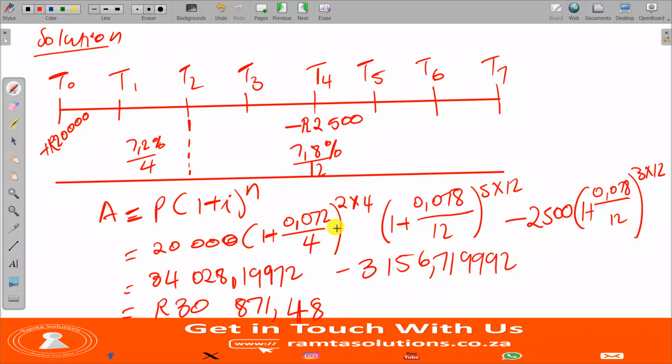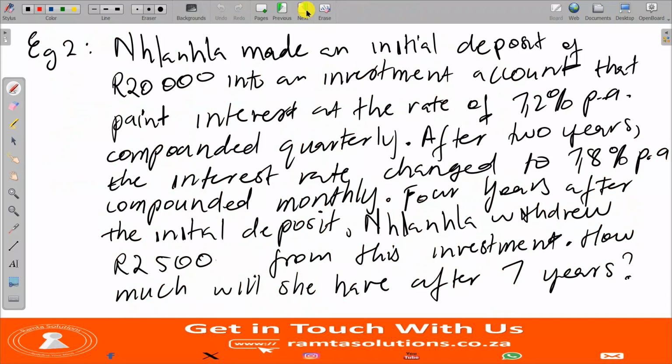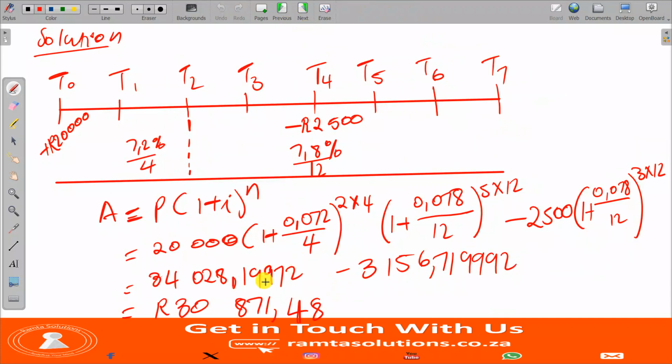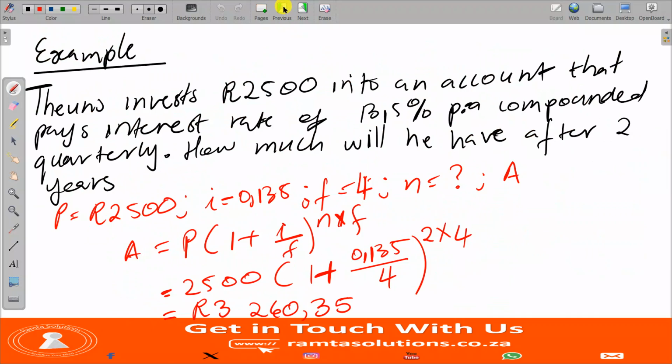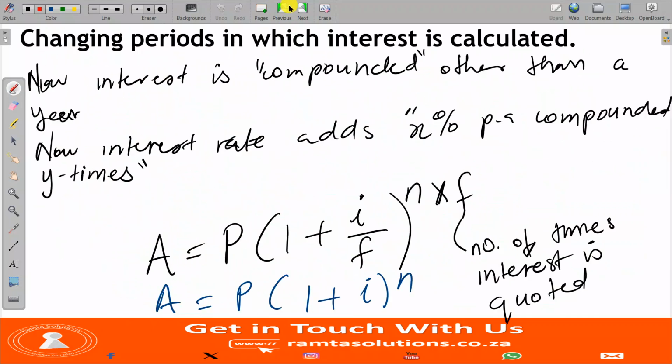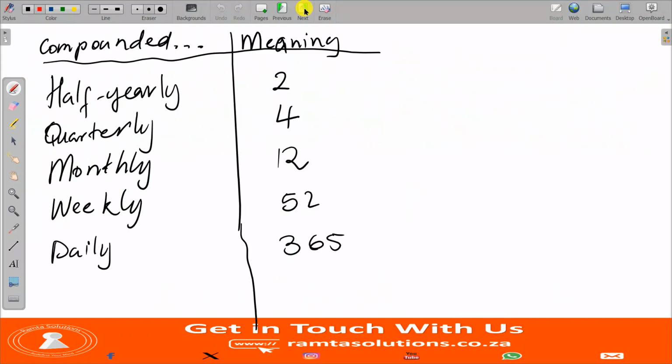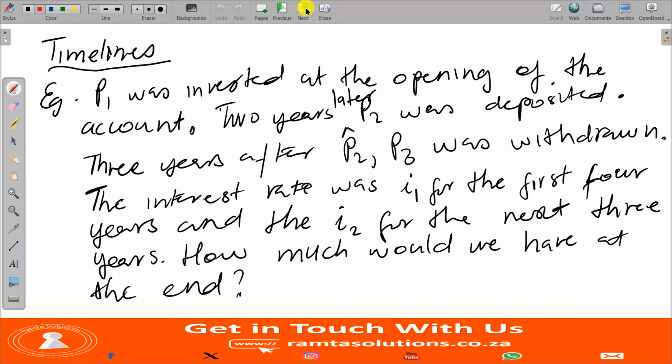So this is how much Nhlanhla will have. I hope, guys, you have seen now how to calculate this. Now, let me go back once again. Remember, it's important to know what happened.